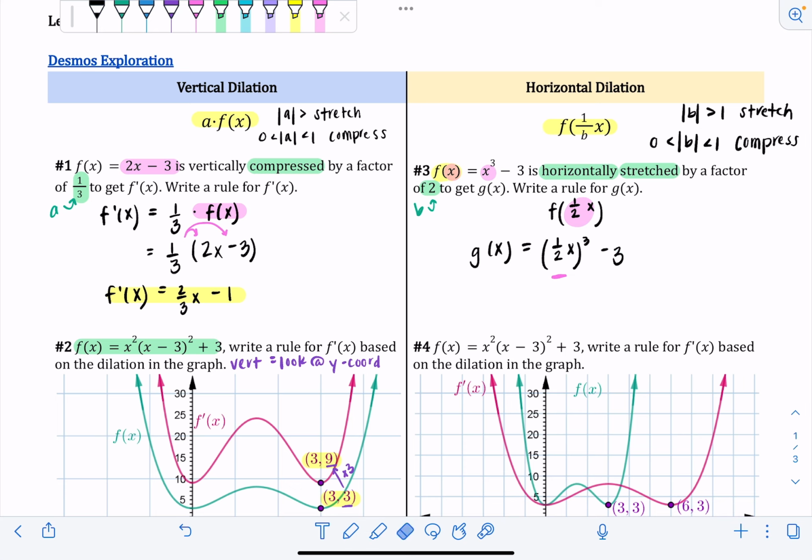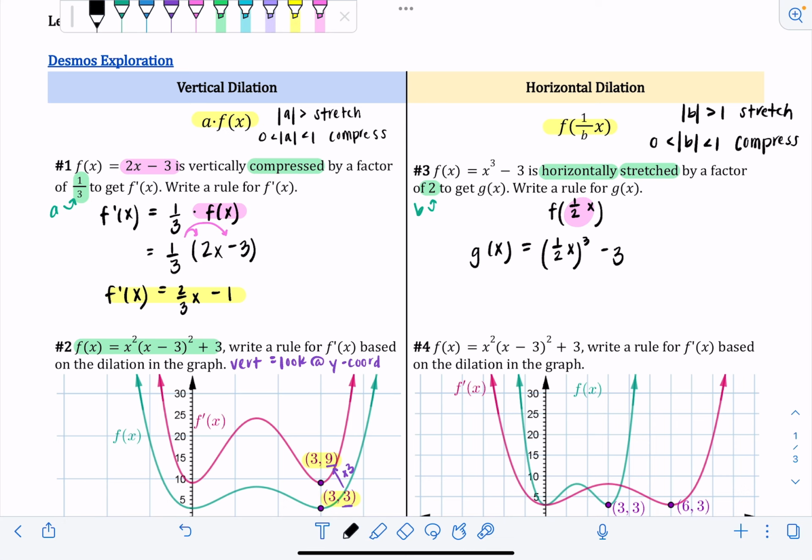The big thing to remember is that if you make changes to the inside of the function, like we do for horizontal translations or horizontal dilations, those changes replace the original x's in the function. And then this part we can go ahead and simplify, 1/2 x cubed. That means 1/2 cubed and x cubed.